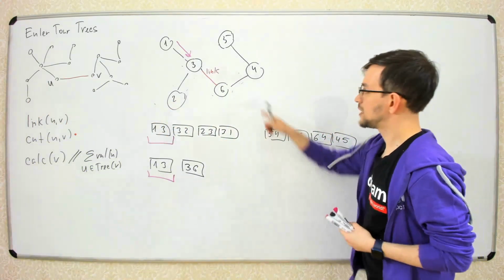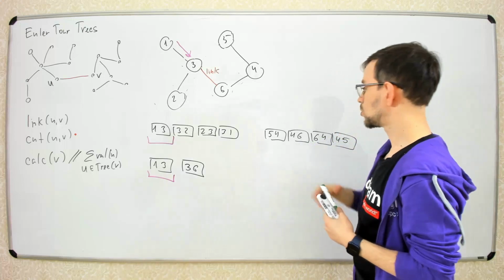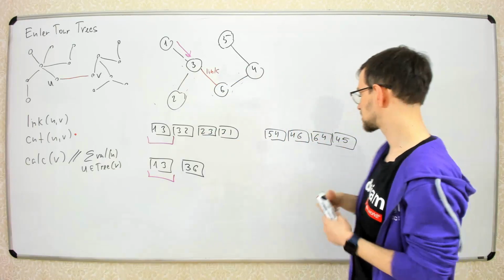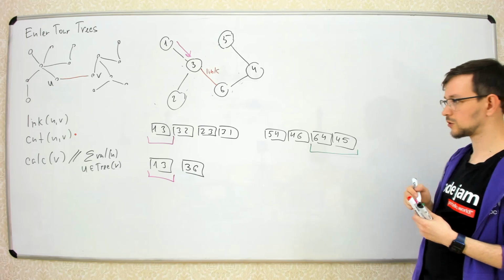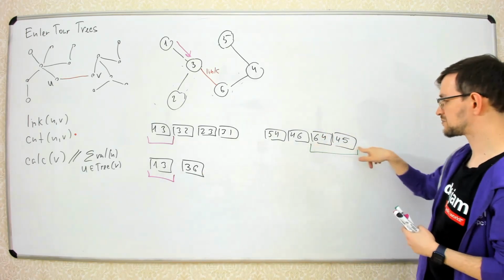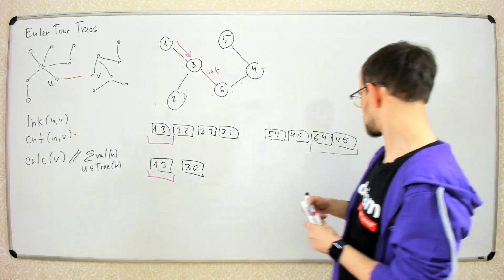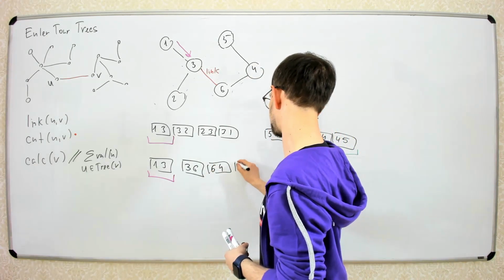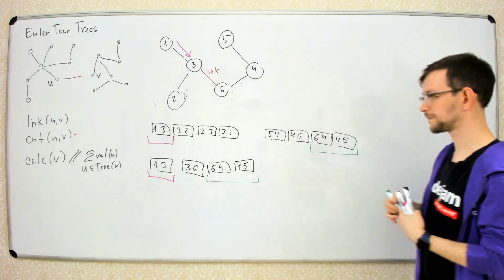In the second tree, we need to iterate through all nodes starting from the node 6. So we take the part of this Euler Tour starting from the node 6. So we start from node 6 because we are now in the node 6, and use this part of the Euler Tour to iterate through all edges in this part. So we take this 6, 4, 4, 5, this part.